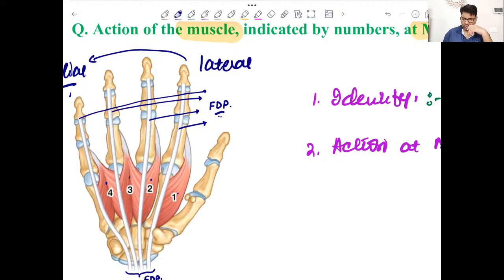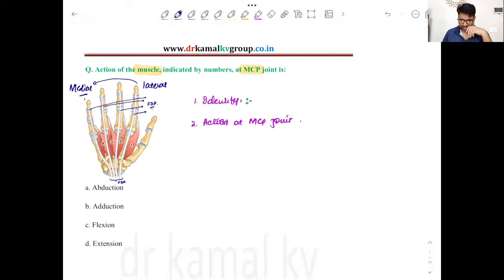But I just want to know whether you can name the muscle or not. So anyone? I just want to know the name of the muscle. And I have given you a hint that these muscles are originating from flexor digitorum profundus.